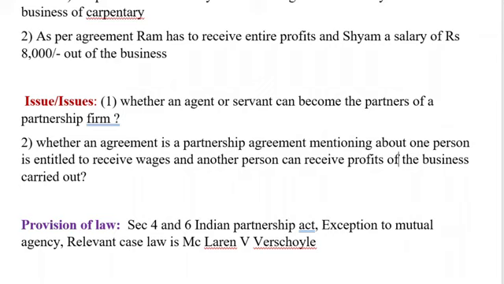That means his intention and his conduct is very much important to ascertain whether he is a partner or not. This aspect we can see in the case of Cox versus Hickman.